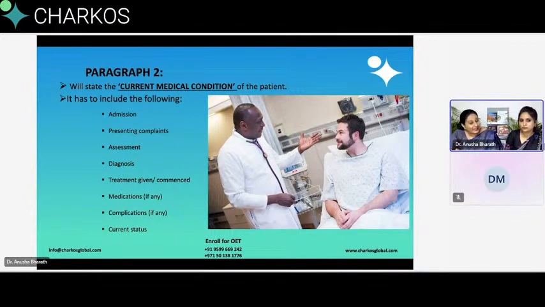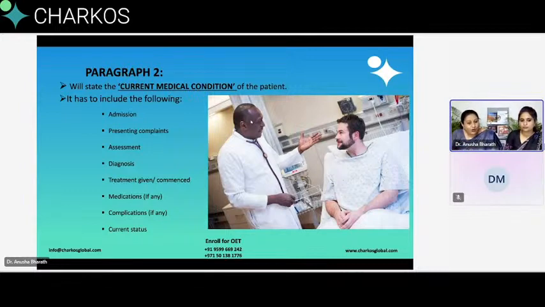Or if there are any other complaints as such, you would mention that. And definitely, once the patient gets in with some problem, an assessment would have been done. So you will write about the assessment, diagnosis, the treatment given, if any medications have been commenced, or if there are any complications, you would be stating that.